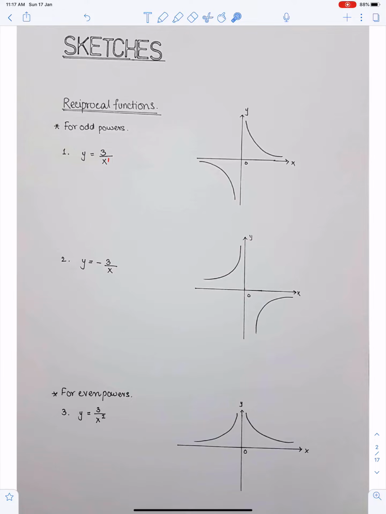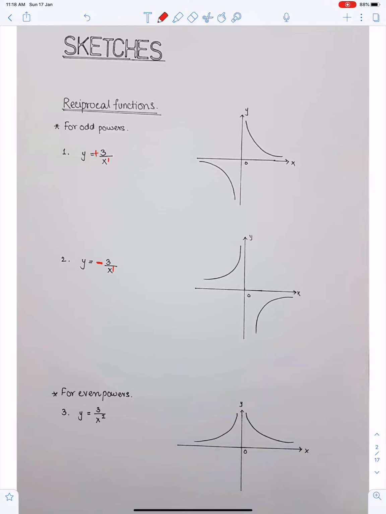But the important thing about this function is that it has power 1 with positive coefficient. This is very important. Now this function has power 1 with negative coefficient.